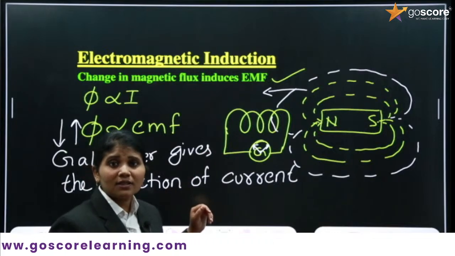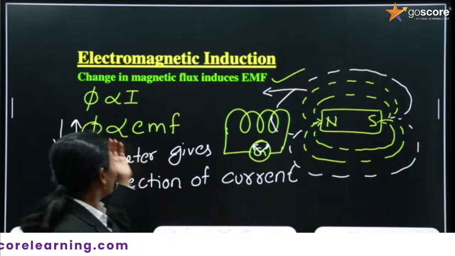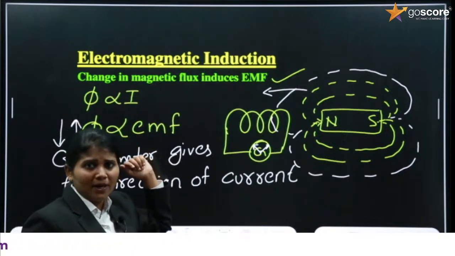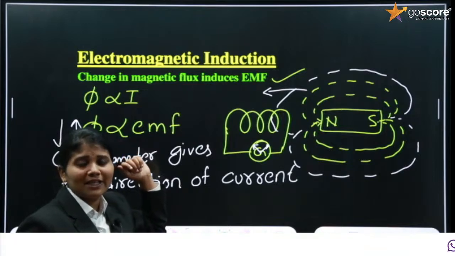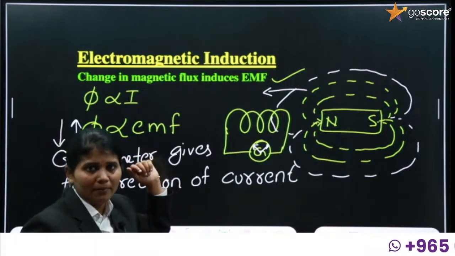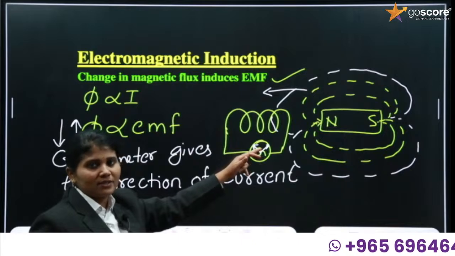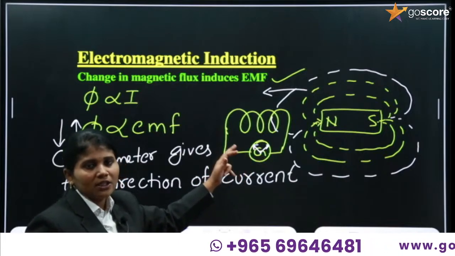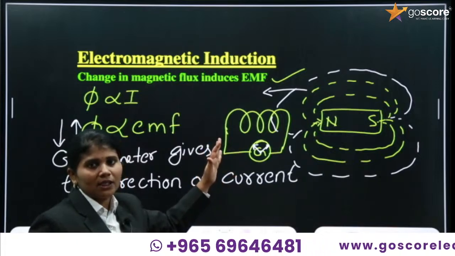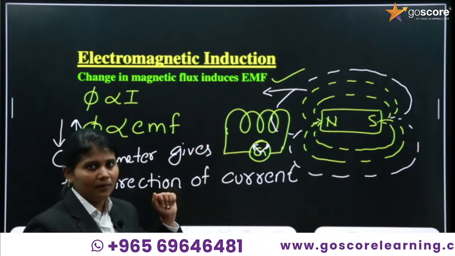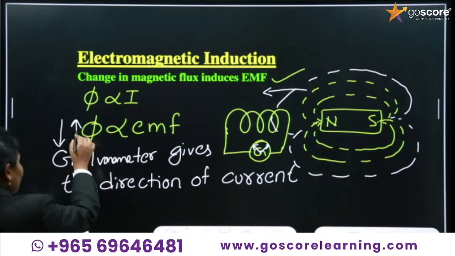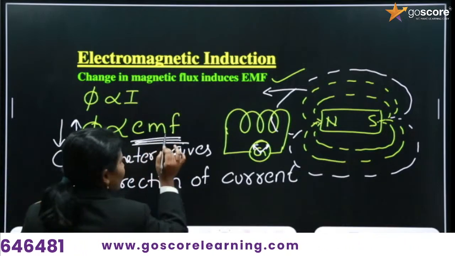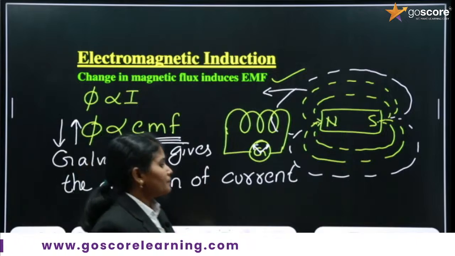It means change in magnetic flux induces the EMF. Constant flux does not induce the EMF. Only when the magnetic flux changes will EMF be induced. This was discovered by Faraday and Henry. Flux either increases or decreases, EMF will be induced.